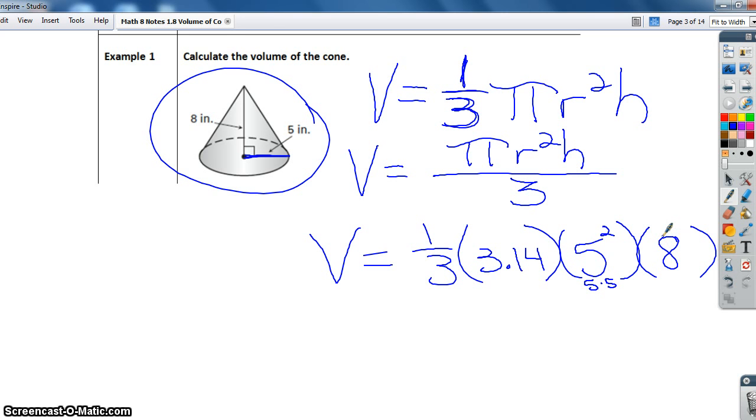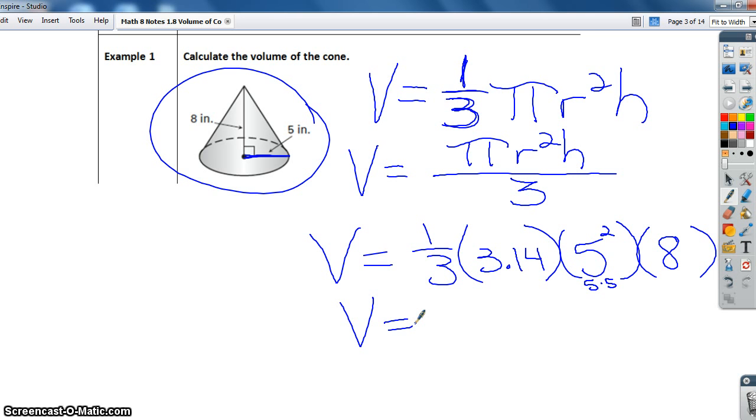Calculators out. What do you get for an answer? Do you get a whole number? No. What kind of an answer do you get? Like a repeating. Yes, excellent. You get a whole number with a repeating decimal.